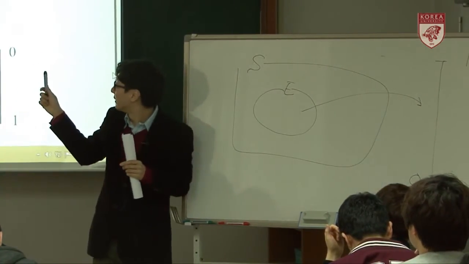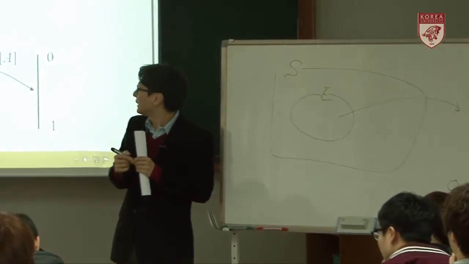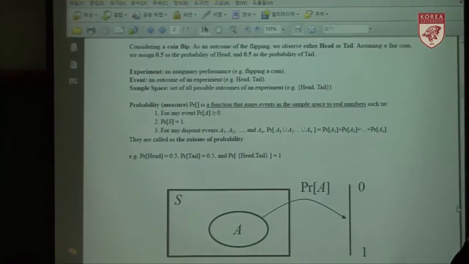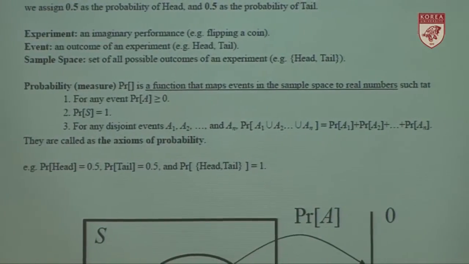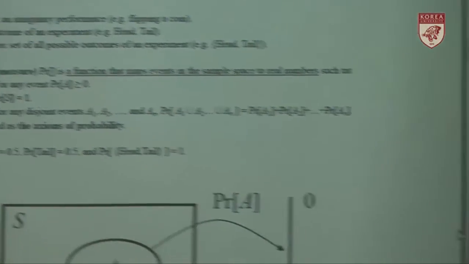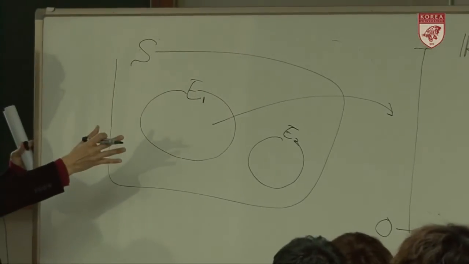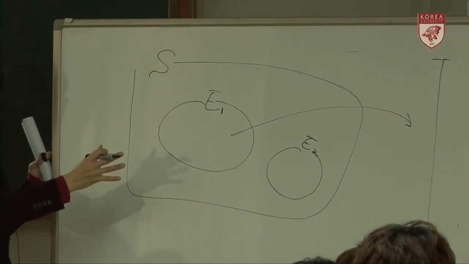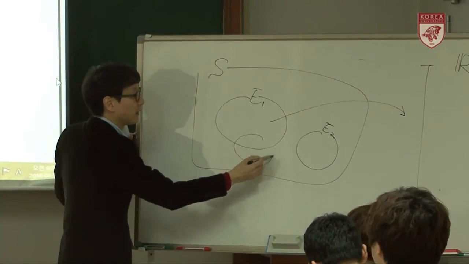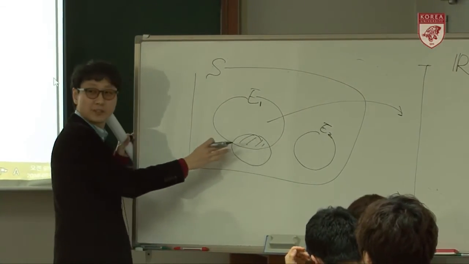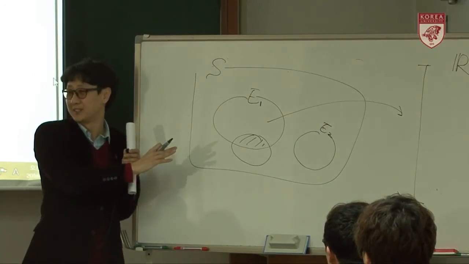And the third one: any disjoint events. Disjoint means if this is E1 and this is E2, there is no overlap between these two events. If there is some overlapped region, it's not disjoint.